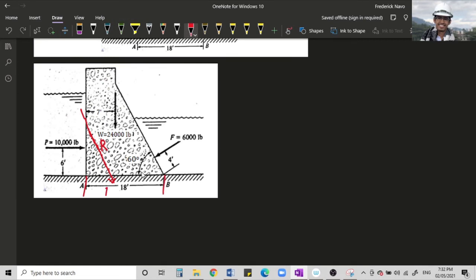Okay, so ayan, so that is tig 6 feet sila, di ba? Tama, 6, 6, 6. So yung middle third natin is itong portion na to. Okay, this portion yung nasa gitna, so ito ang middle third natin. So for good design, dapat yung resultant nung three forces na ito ay mag-intersect dito sa middle third.